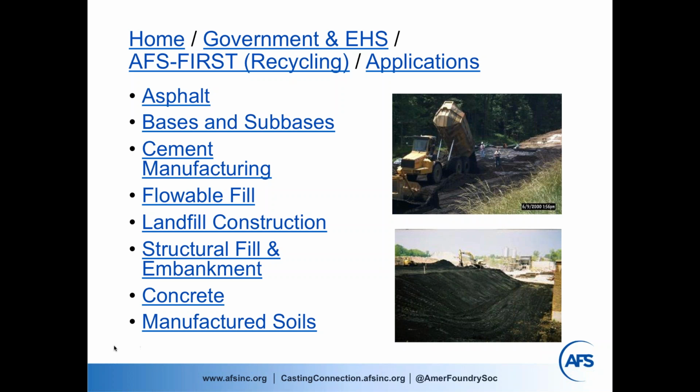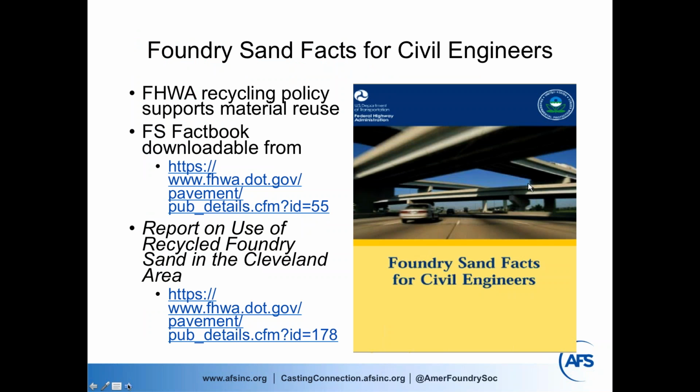One of the other resources that is helpful for you to sometimes use with local contractors is a publication that is downloadable both from the FIRST website and from the Federal Highway website. And this is a publication called Foundry Sand Facts for Civil Engineers.